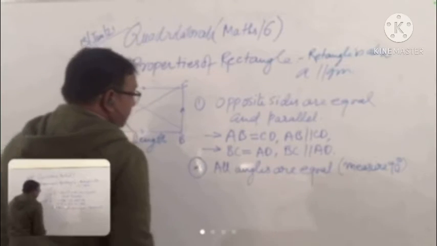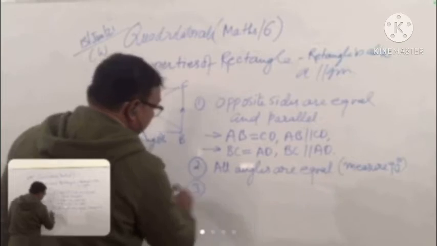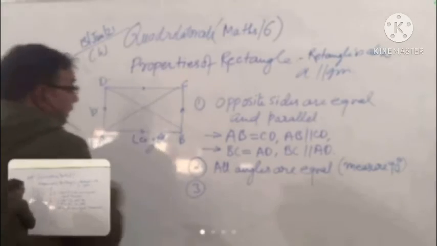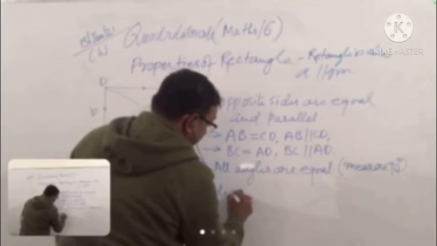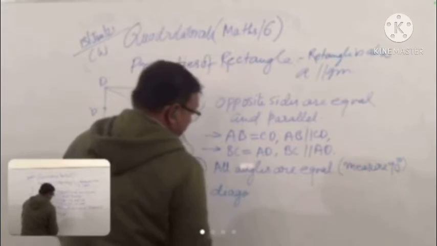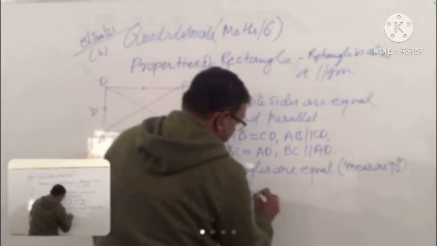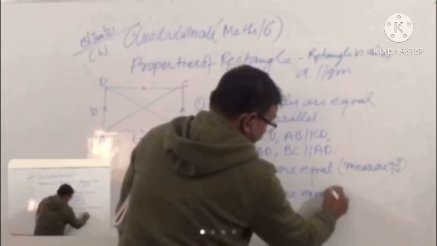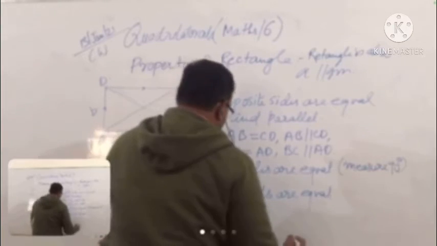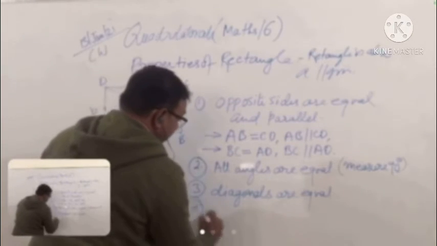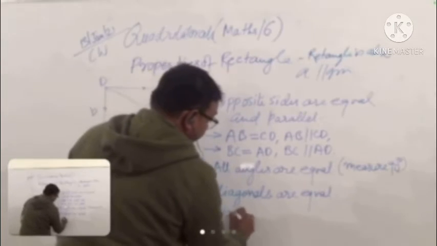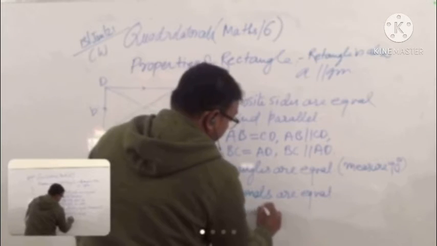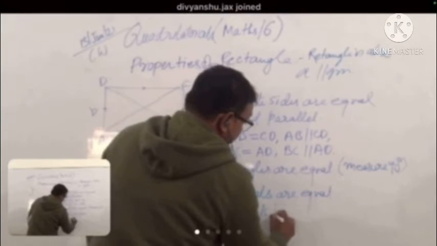Now let us discuss its diagonals. You all know that AC and BD are the diagonals. In a rectangle, diagonals are equal, and the fourth property is diagonals bisect each other.